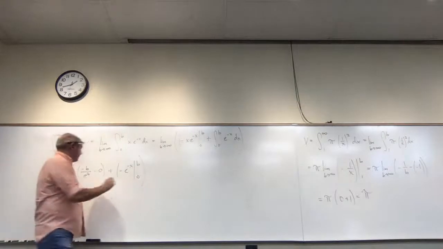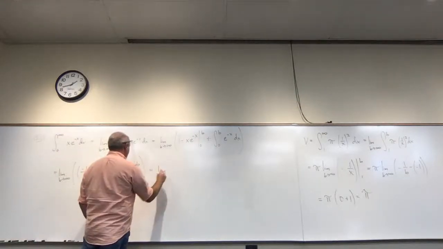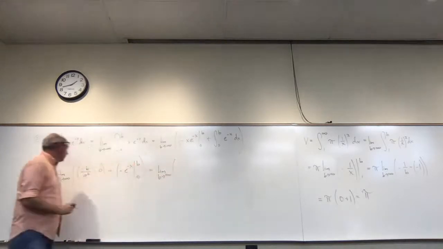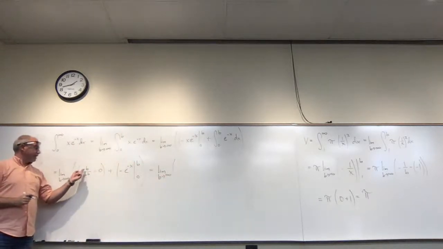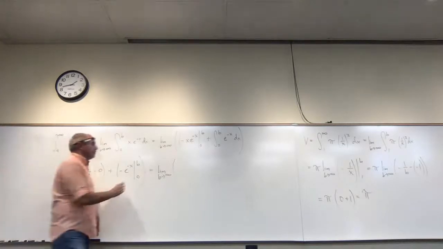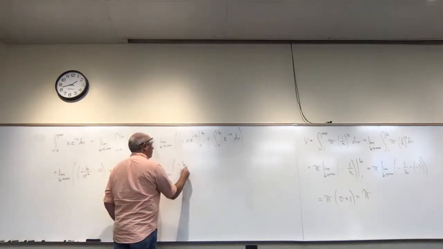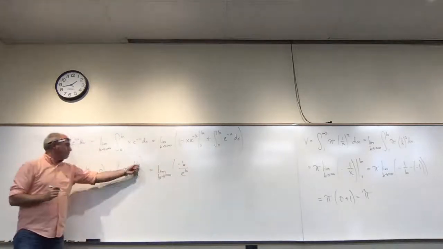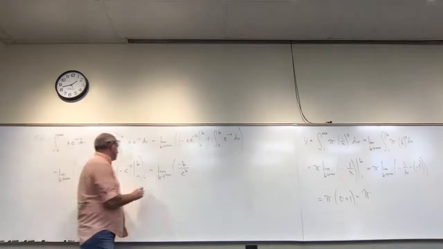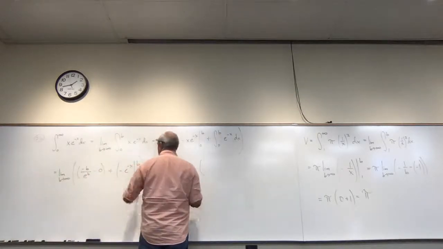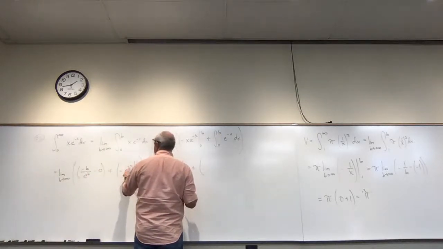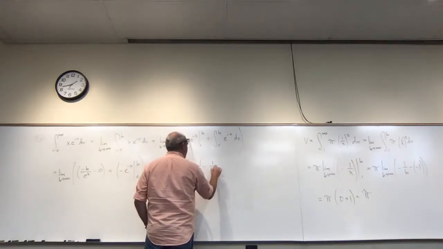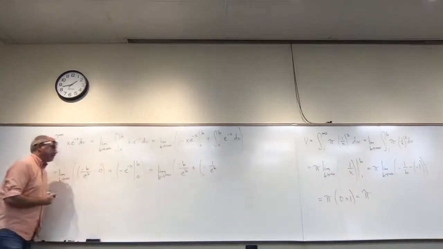All right, so I get the limit as b goes to infinity of, this one's pretty simple. I just have negative b over e to the b. And then over here, I plug in b and I plug in 0, and I get plus, plugging in b, I get negative e to the negative b, or negative 1 over e to the b, would be another way of writing that.